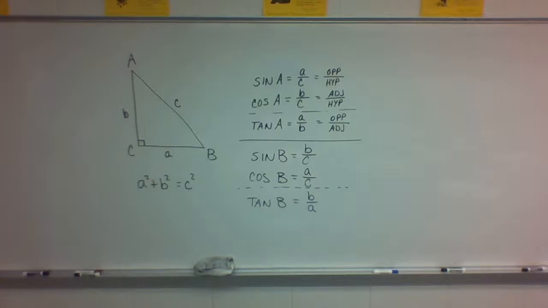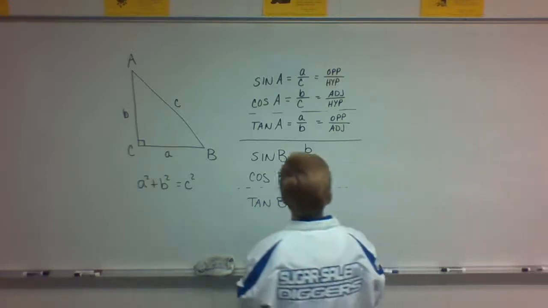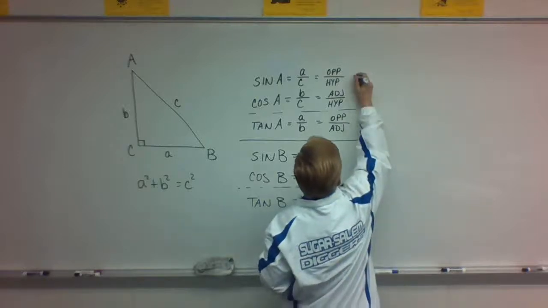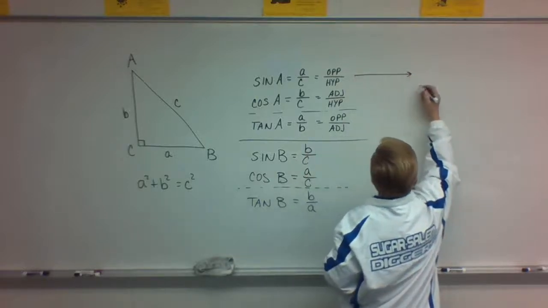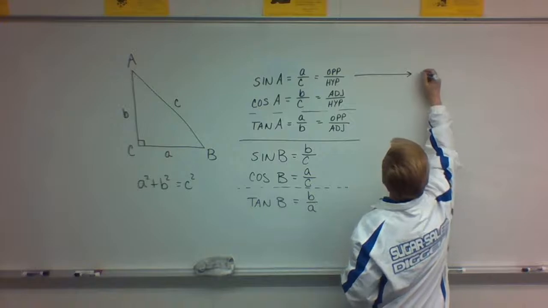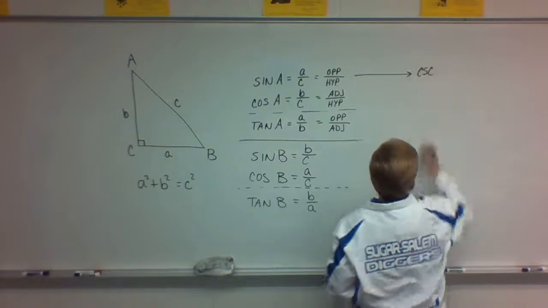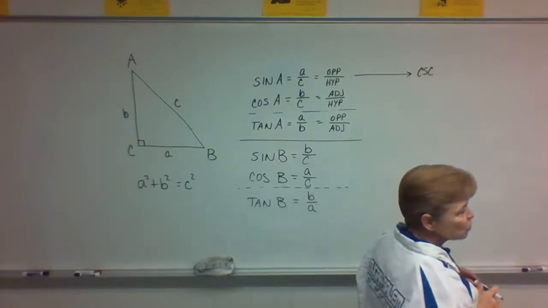That's new. It's not hard, but you've got to get it straight in your head how they're related to each other. This one right here, sine, is related to cosecant. That's how it's written, that's its abbreviation, and it's pronounced cosecant.